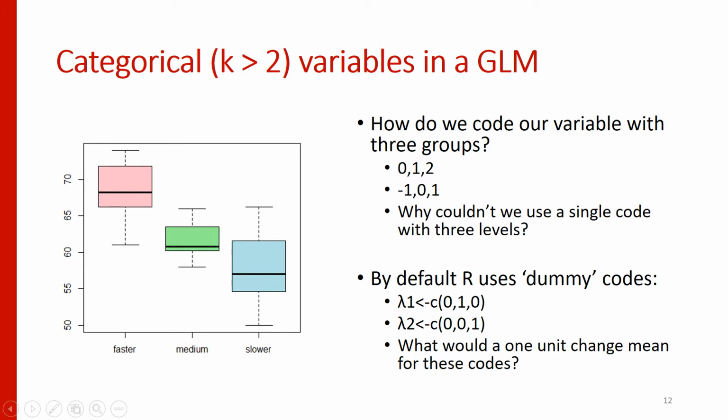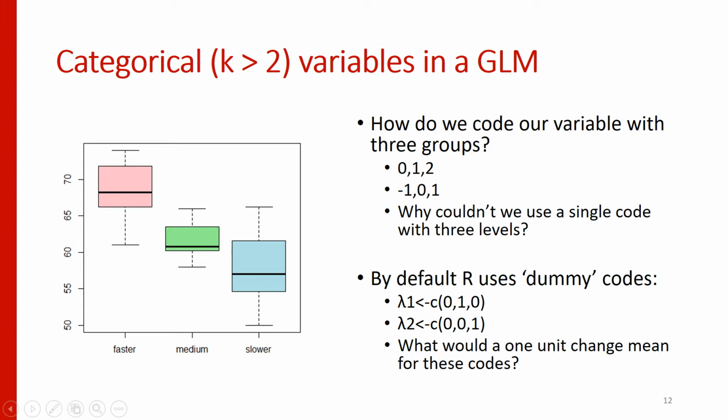In our model, we're going to have to enter values for both of these codes. So if I enter 0 for both of them, then I have somebody who is in the faster group. If I have a 1 and a 0, then I have someone who's in the medium group. If I have a 0 and a 1, then I have somebody who's in the slower group.